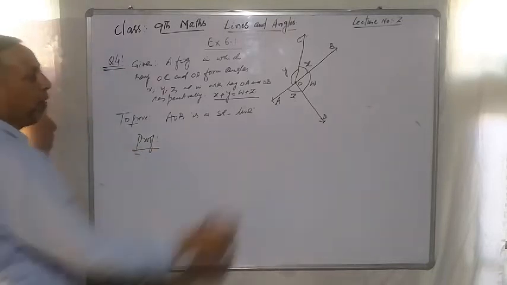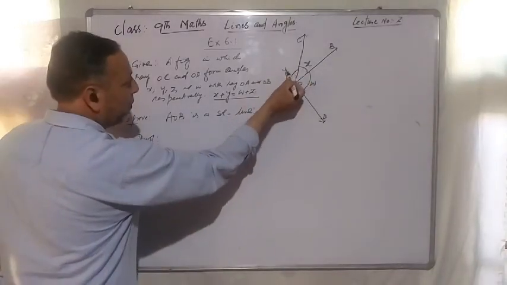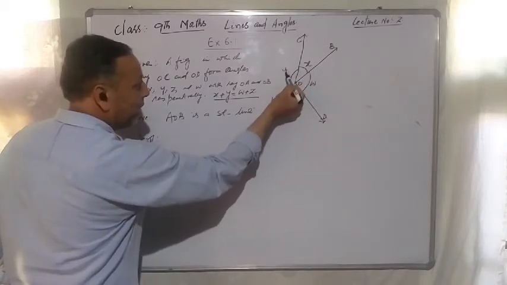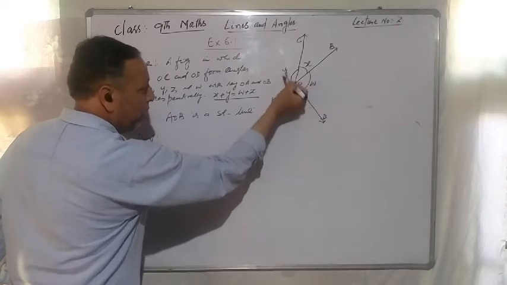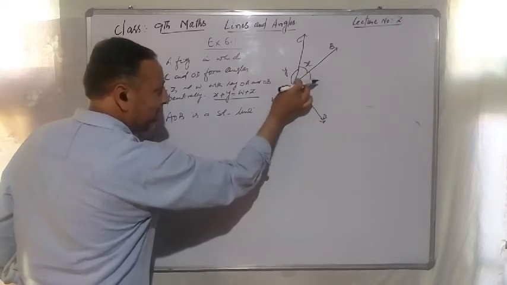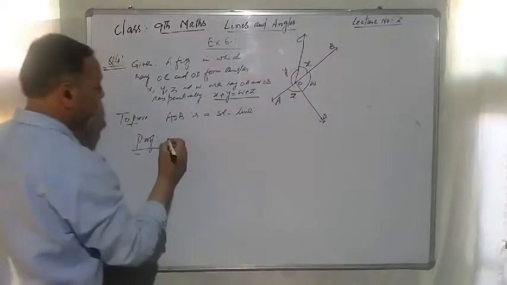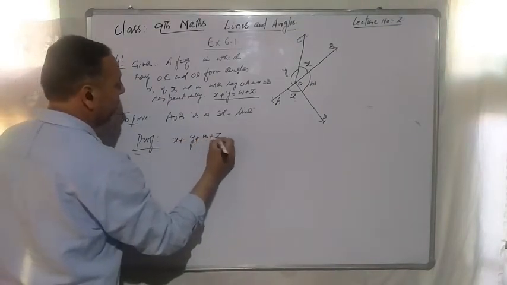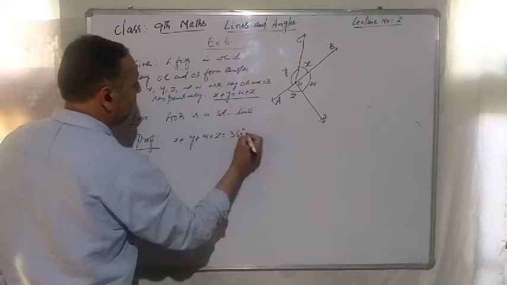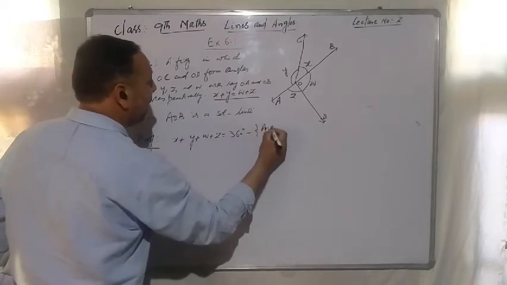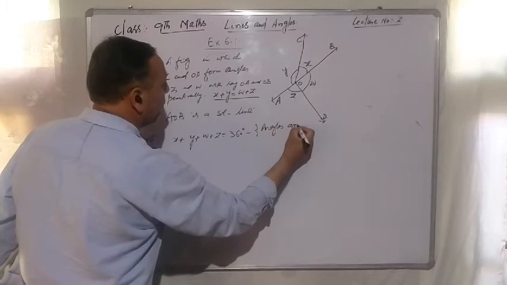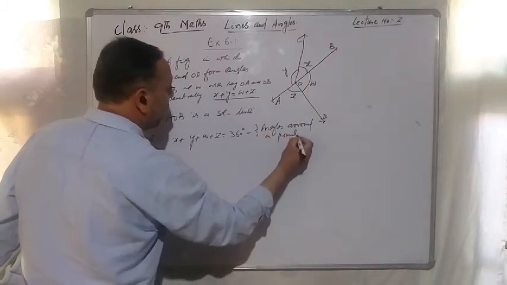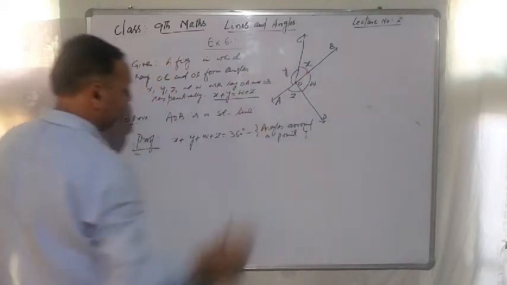Now, if you look at the figure, X, Y, Z, and W, the sum of all these four angles, angle X plus angle Y plus angle Z plus angle W, will be 360 degrees because these are angles around a point. We have angle X plus angle Y plus angle W plus angle Z equal to 360 degrees. These are angles around a point, or we call them a complete angle.